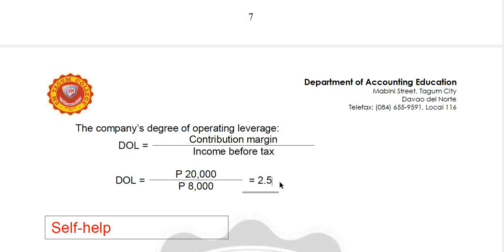So, it seems advantageous when sales increase. But it is very disadvantageous when sales decrease and the degree of operating leverage is high.